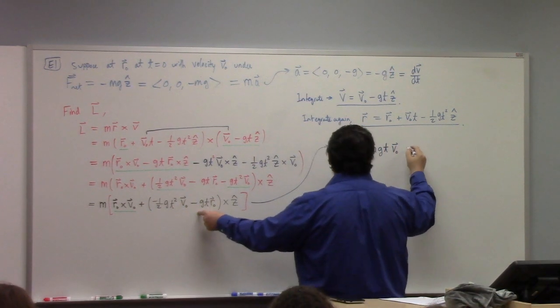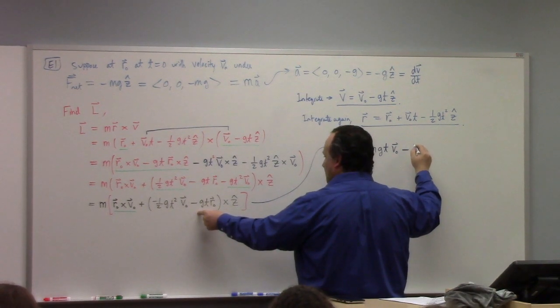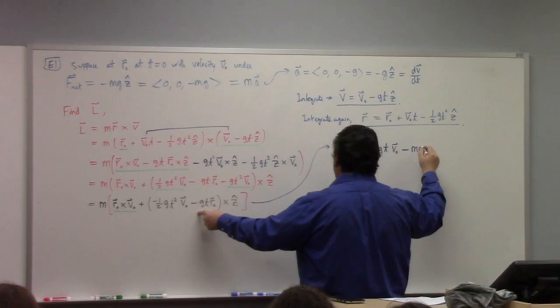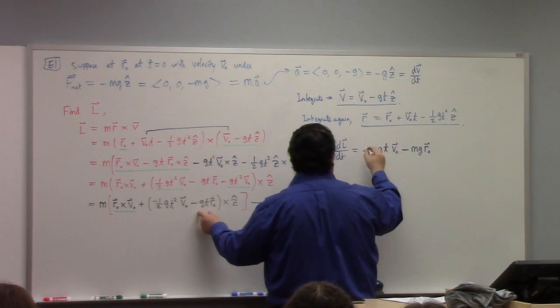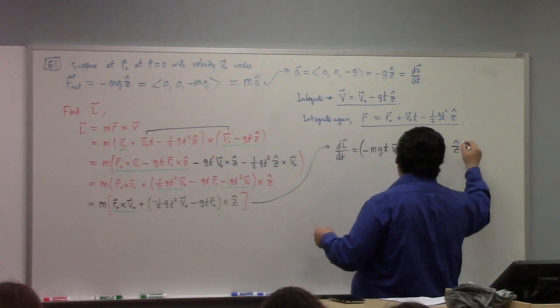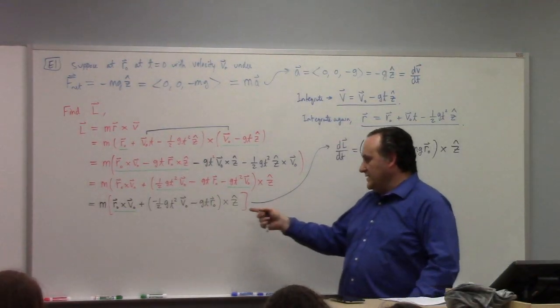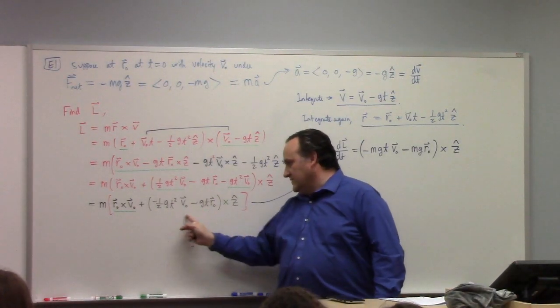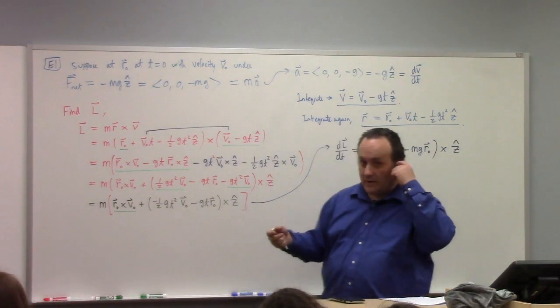This differentiates to minus, I'm multiplying the m through apparently, minus m g r naught. I think that's it. Now all of this was crossed with what? Z hat, but z hat has no time dependence. So if I calculate the derivative of this quantity, I can just differentiate this business right here and take the cross product with z hat. That's the derivative, all right?